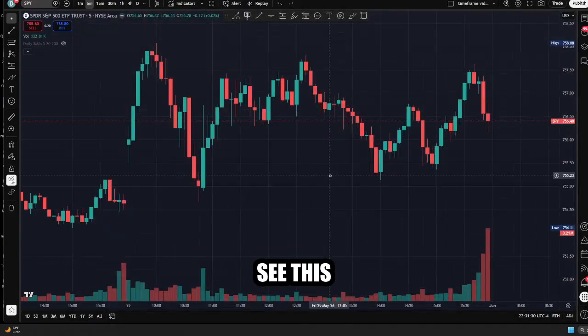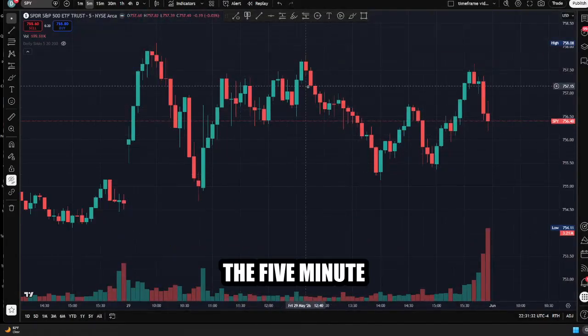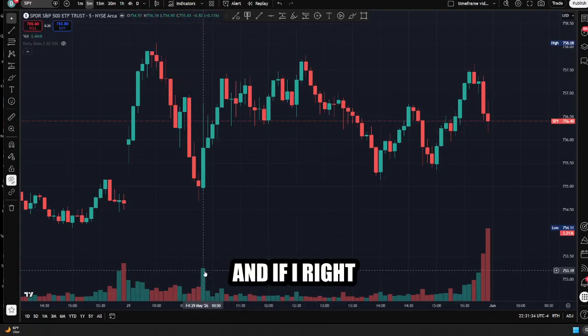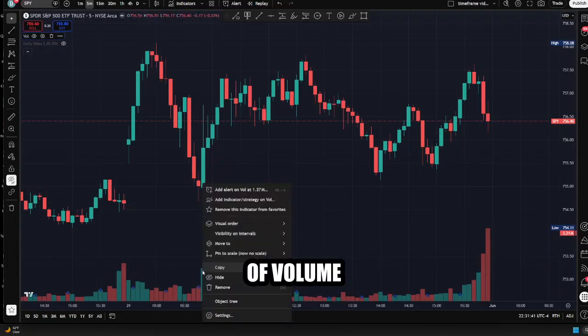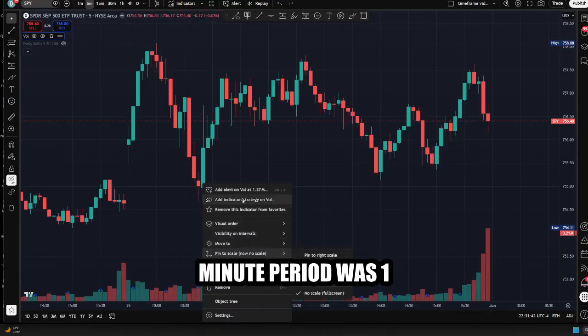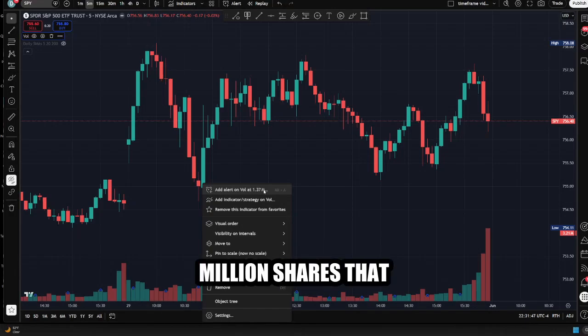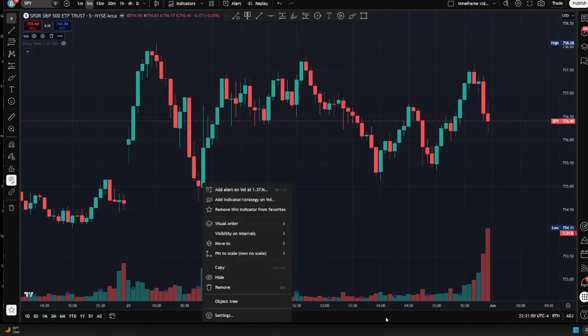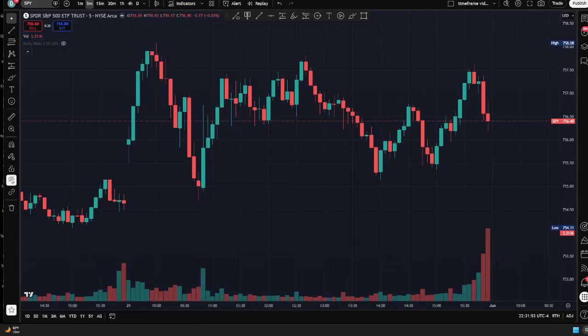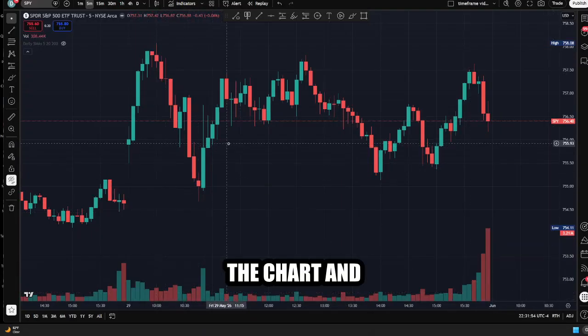If I right click on this particular 5 minute candle right here, it'll tell you the amount of volume during this 5 minute period was 1.37 million shares traded. So that's how to read the chart. And we're going to talk about volume a little more.